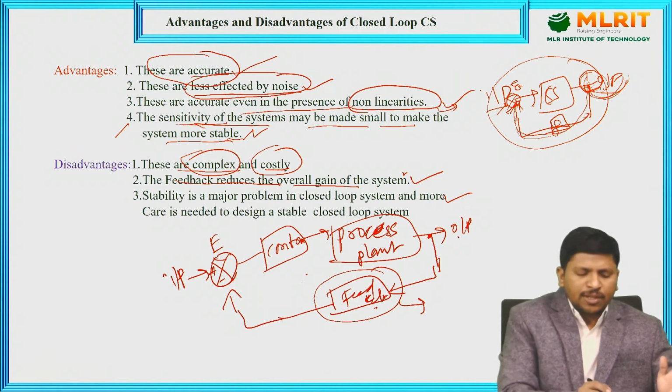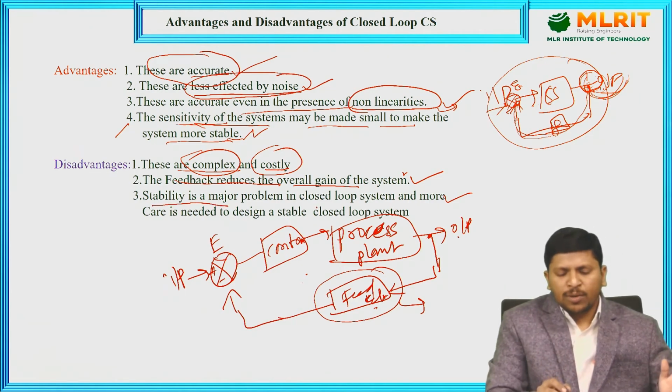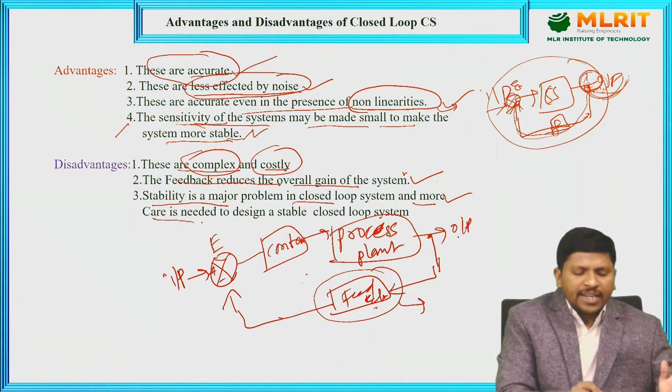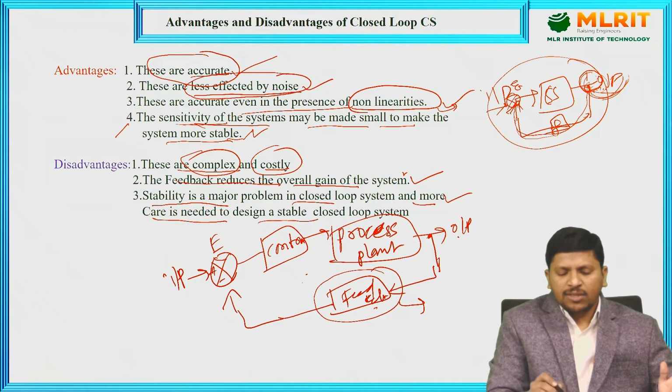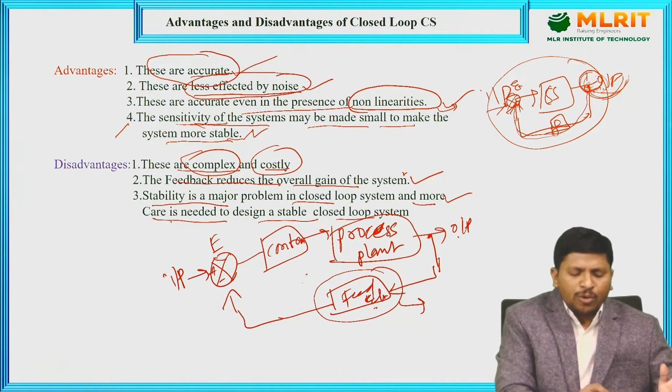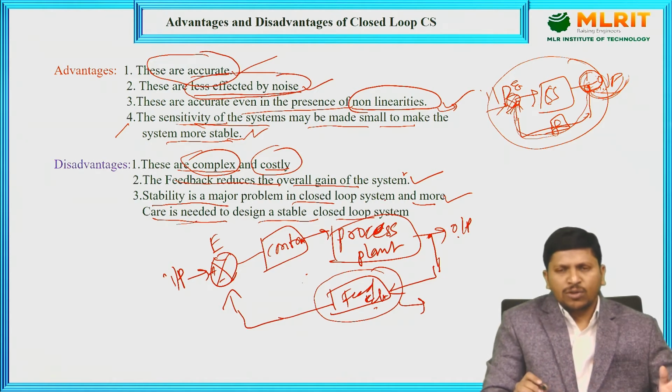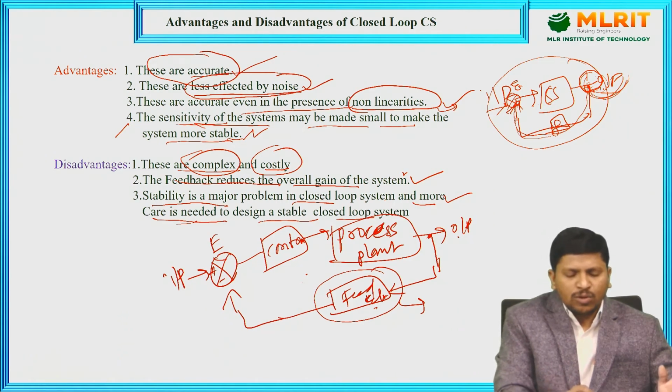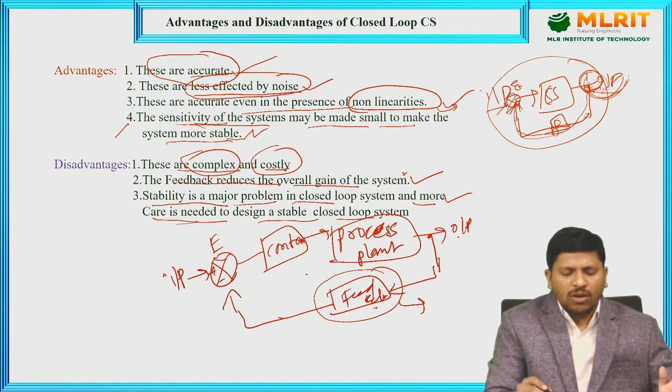Stability is a major problem in a closed loop control system, and more care is needed to design a stable closed loop system. That's why these three are the disadvantages of closed loop control system.